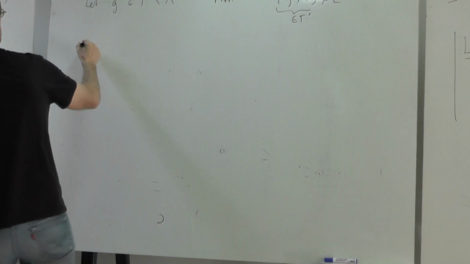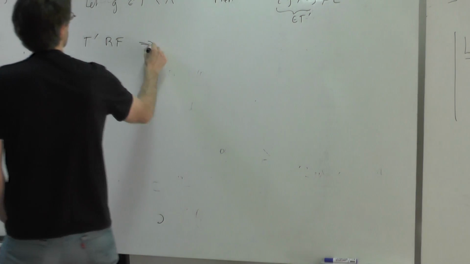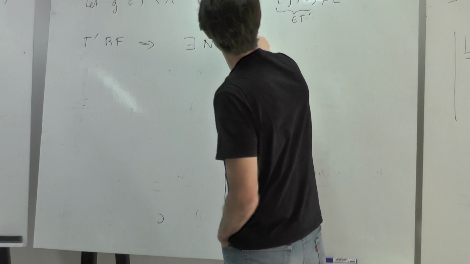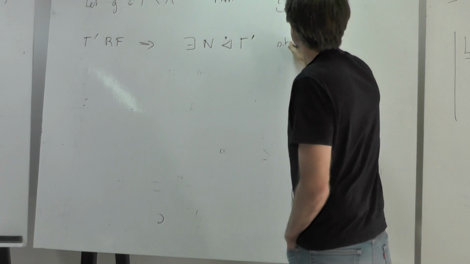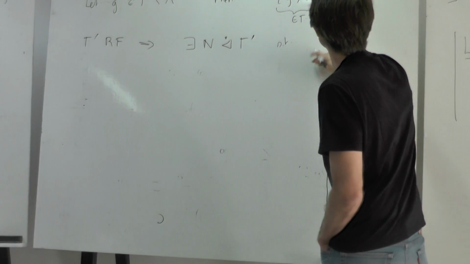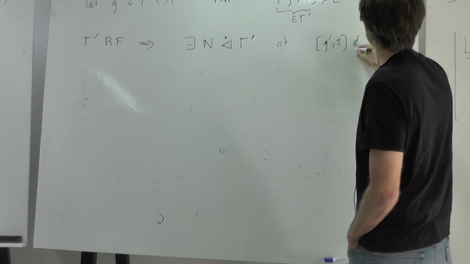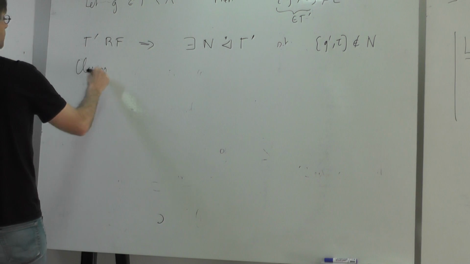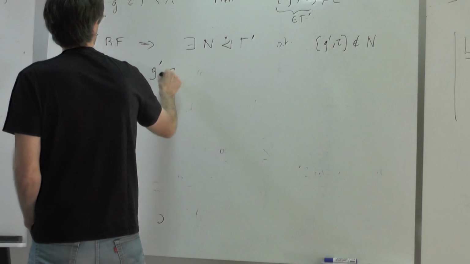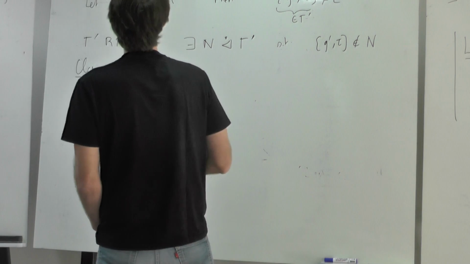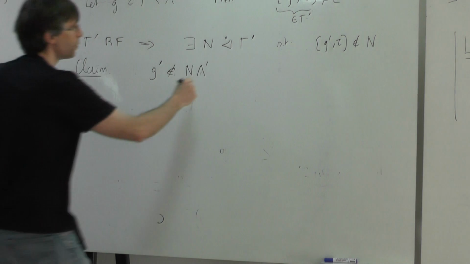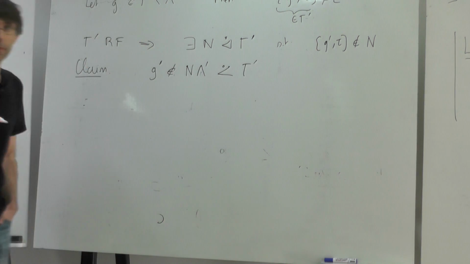So because gamma prime is residually finite, there exists some normal finite index subgroup N of gamma prime such that the commutator of g prime and tau does not belong to N. And now I claim that g prime does not belong to N lambda prime, which is a finite index subgroup of gamma prime.